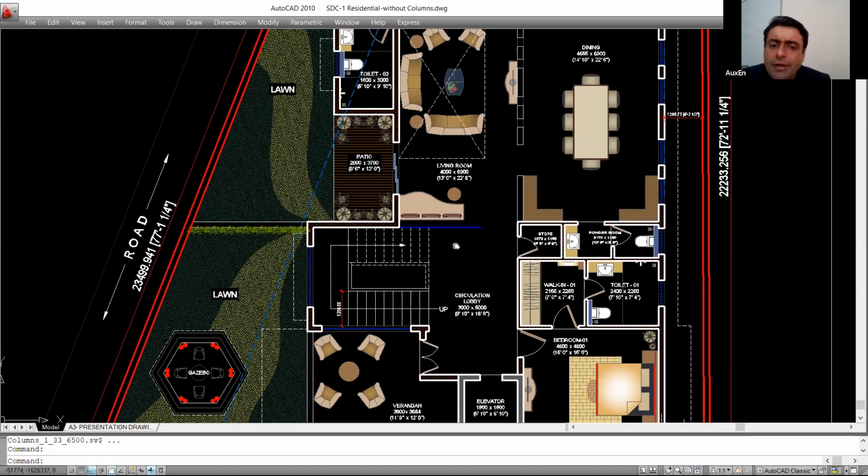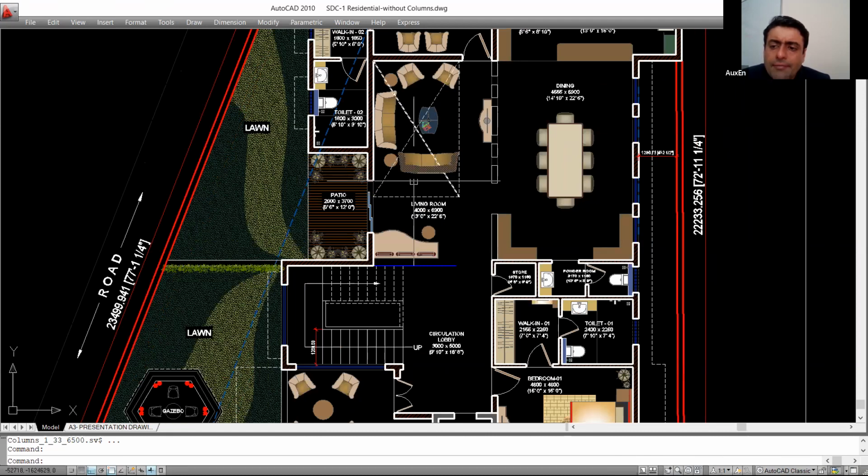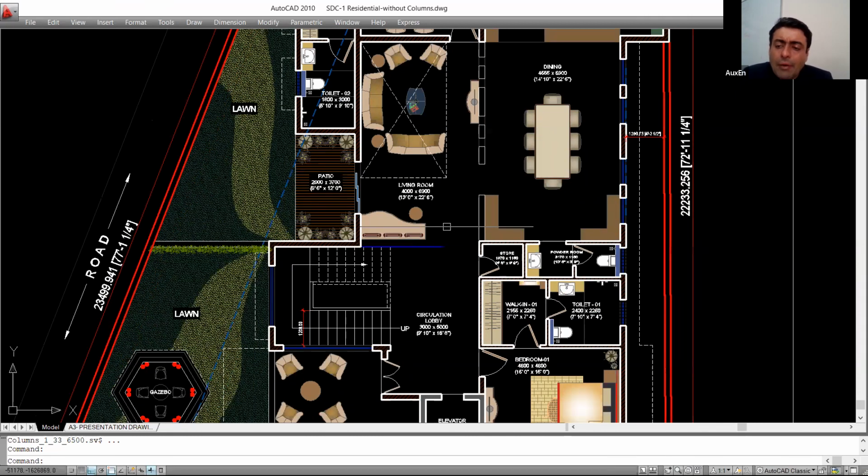The other point that I felt is about this powder toilet entry. Remember, the powder toilet is for whom? The powder toilet is usually for outsiders, people who are visiting your house, let us say for an evening, or who have just come to meet you. A person who has to use the powder toilet has to go from this lobby, then come over here, then go through this dining space, and then reach the powder toilet.